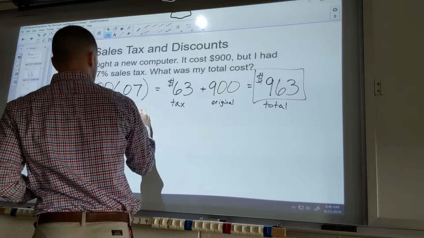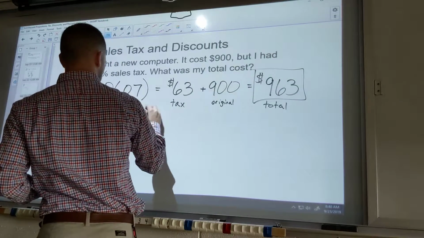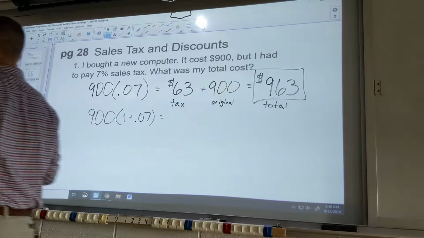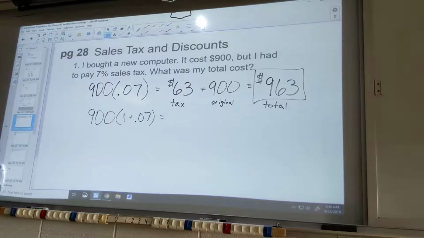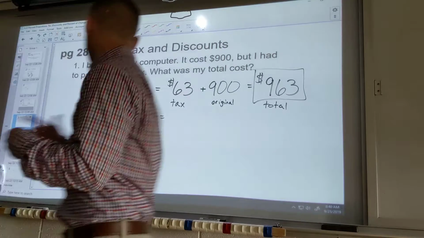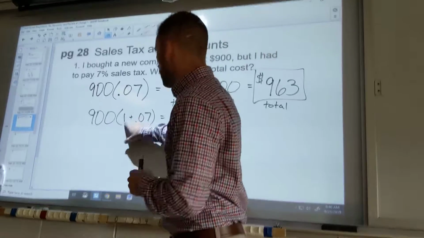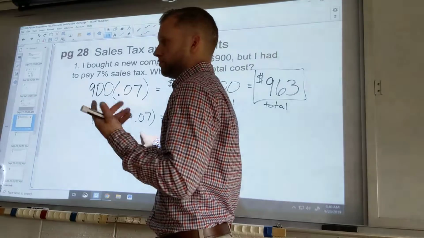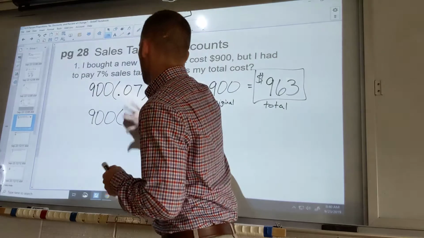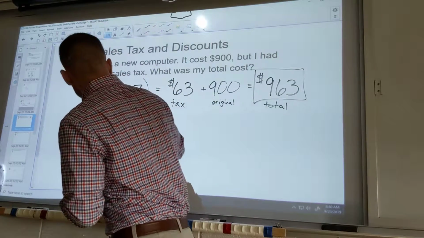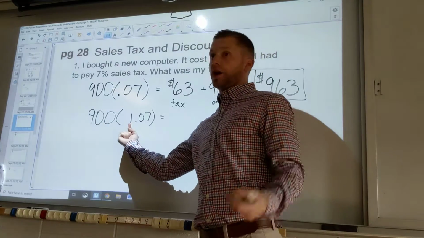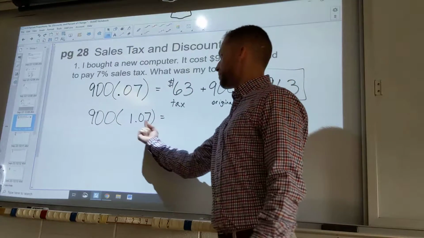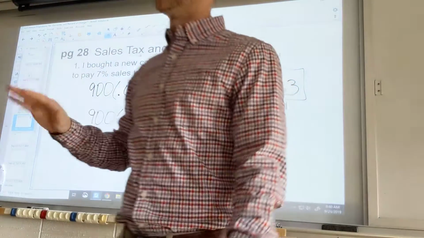I like the way of splitting that up. 1 plus 0.07. Now, why are we doing 1 plus 0.07? So you need to add 900. Okay, good. We didn't add the 900 on, right? So 1 plus 0.07 is 1.07, right? So this takes care of the original 100% and that 7%.